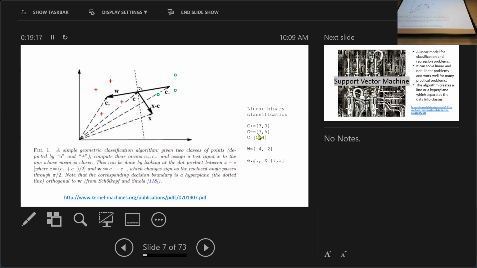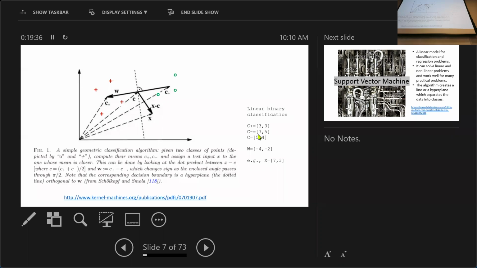And then you have another group of data. That's called C minus, the center of it. So that's in this 2D space.